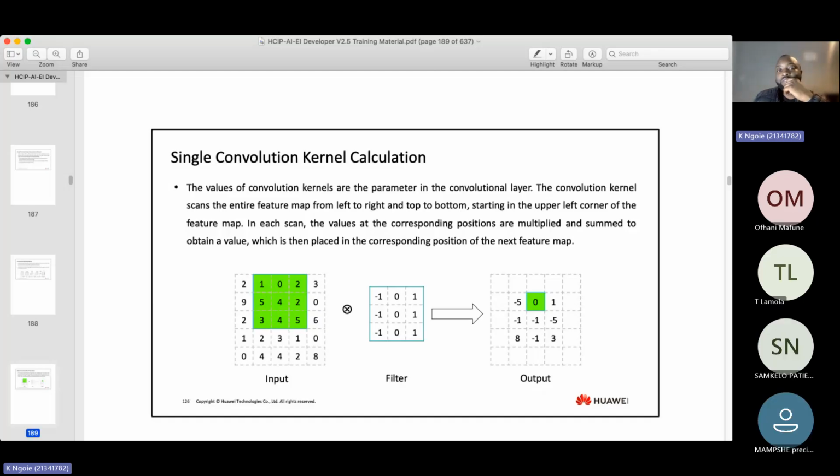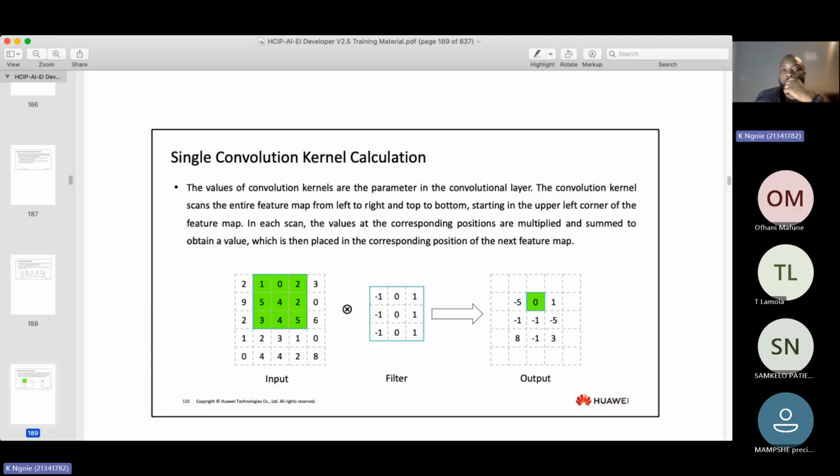So this is a 5x5 pixel image, and then we introduce a filter which will do the calculation. This filter is going to apply to each group of 3x3 to obtain this information.